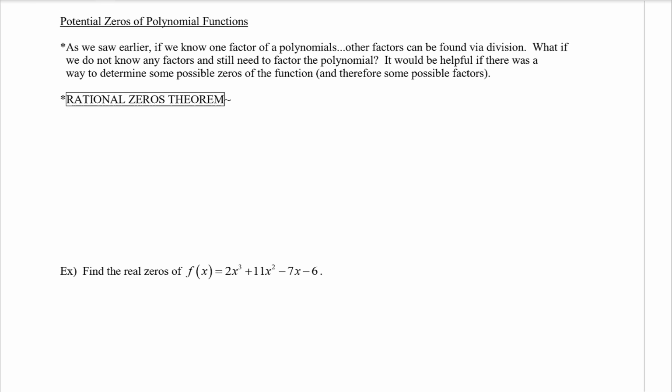The main tool we have is called the rational zeros theorem. So this is going to be our main tool to factor high degree polynomials, and so we'll just write it out first. It's going to be a lot, but we'll make sense of it. So if a polynomial with integer coefficients, so it is kind of specific.